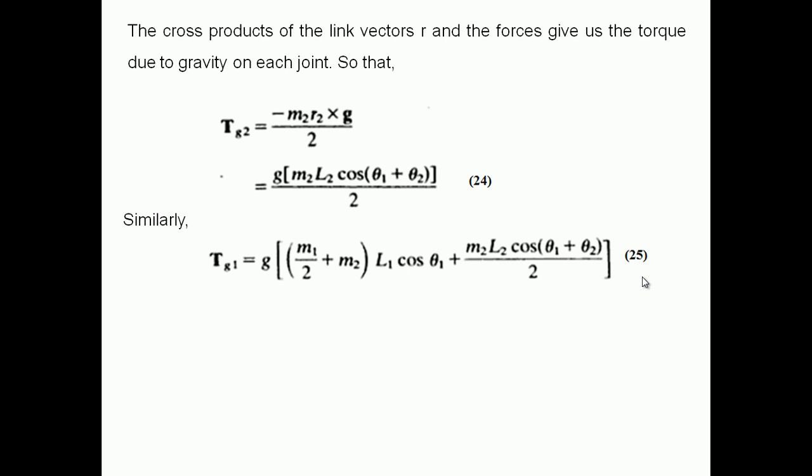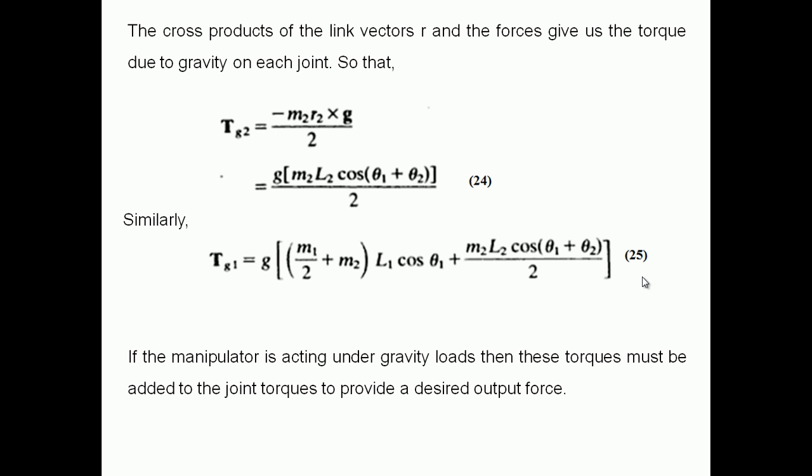When I am considering torque 1 with respect to link 1, I have to consider the entire mass of link 2. So only it is m2. So Tg1 is (m1/2 + m2) L1 cos theta1 plus m2 L2 cos(theta1 + theta2) by 2. I have to consider both links when I am considering torque 1.